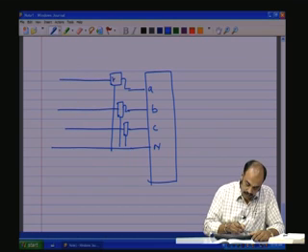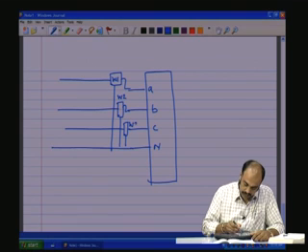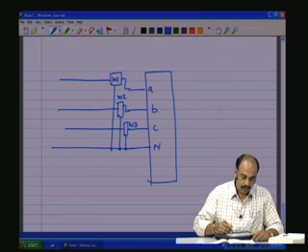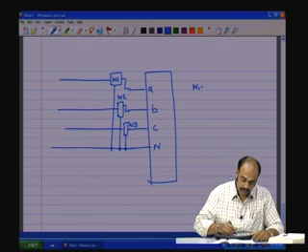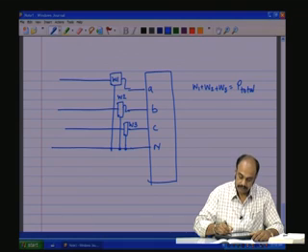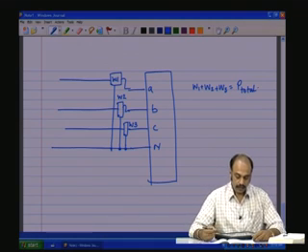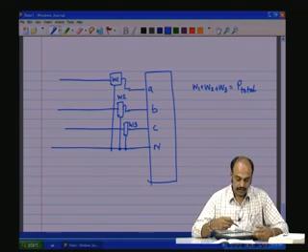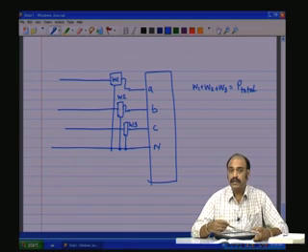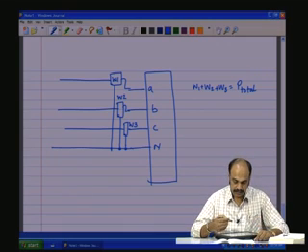So, you will have W1, W2, W3. The P total would be W1 plus W2 plus W3, the total power. This is especially useful when you have a 3-phase 4-wire system.